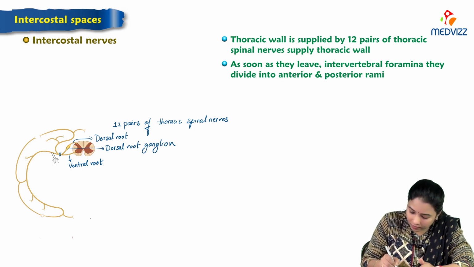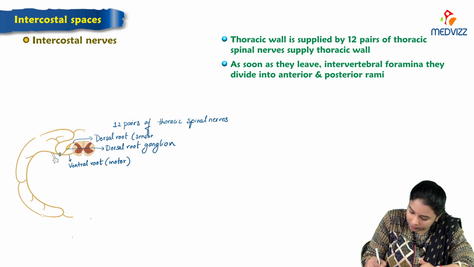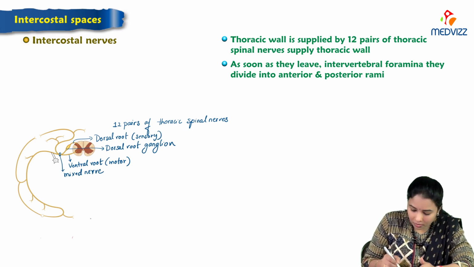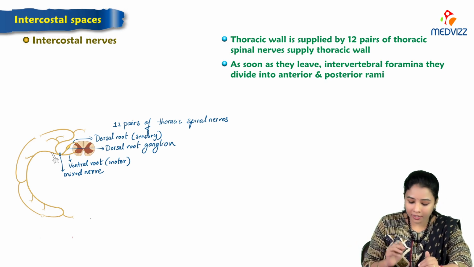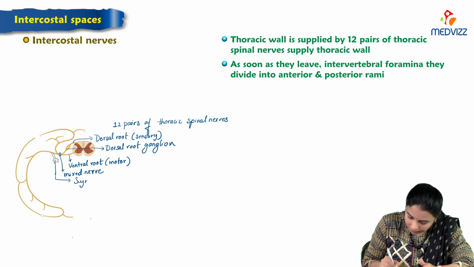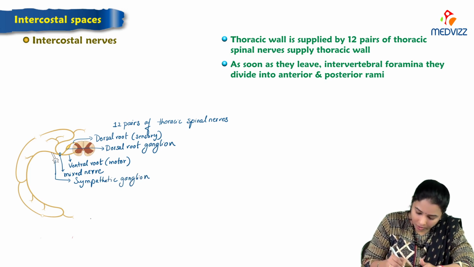We know the ventral root is motor, whereas the dorsal is sensory. They join to form a mixed nerve here, which comes out through the corresponding intervertebral foramen. And this is the sympathetic ganglion, which communicates with the ventral rami.